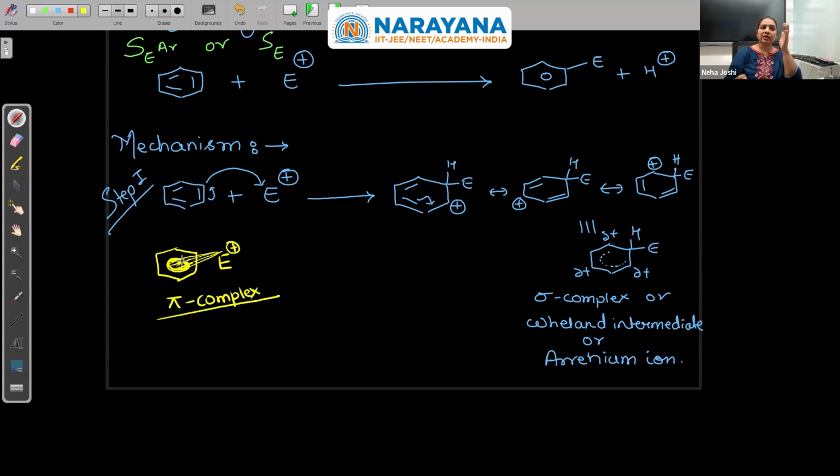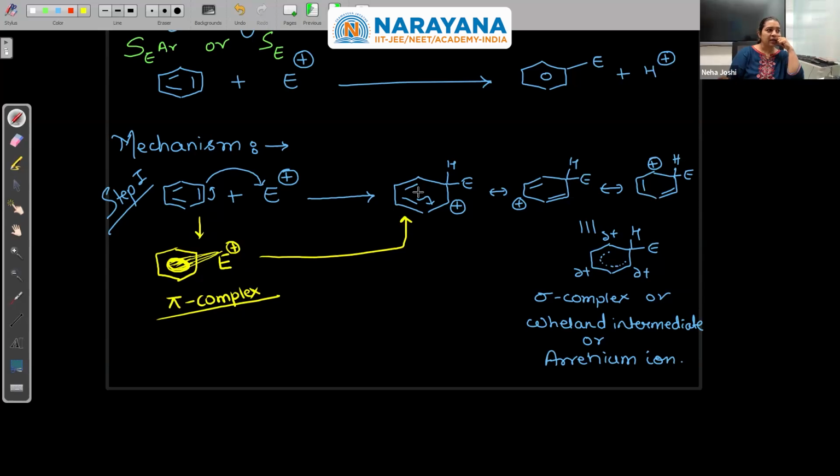Okay, this is called pi complex. In this pi complex, no sigma bond, no pi bond is actually formed. It is just by the attractive force between these electrons and E plus. If at this point you remove E plus, then again you will get back the starting status. And this leads ultimately to bond formation.